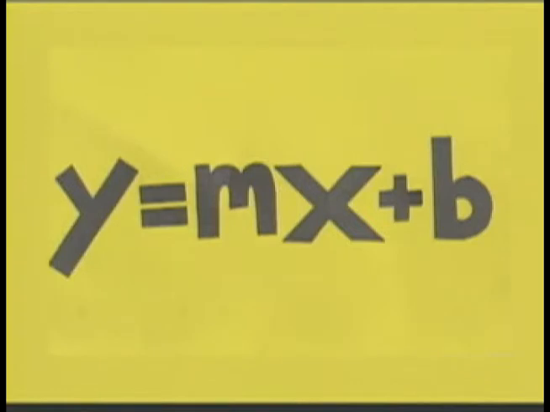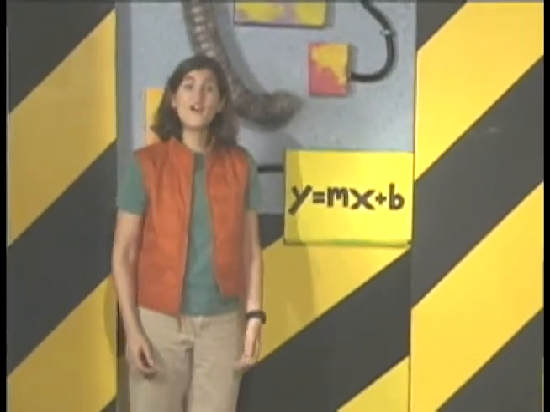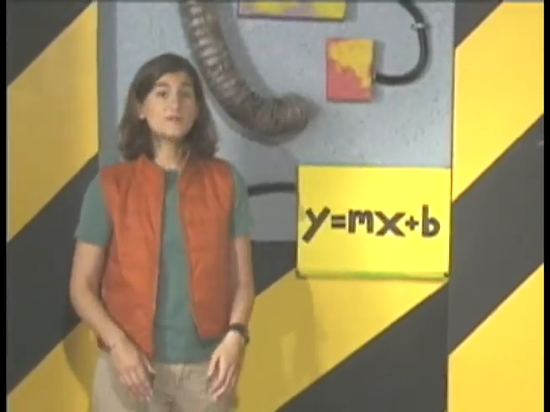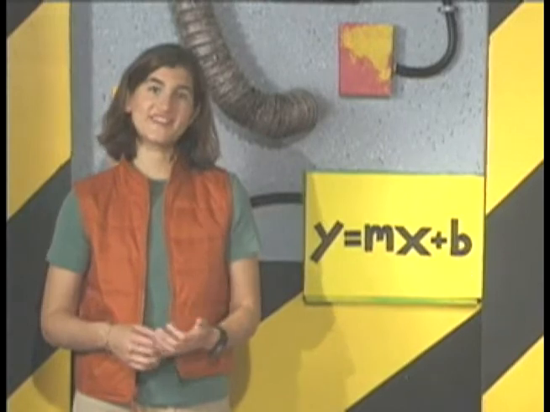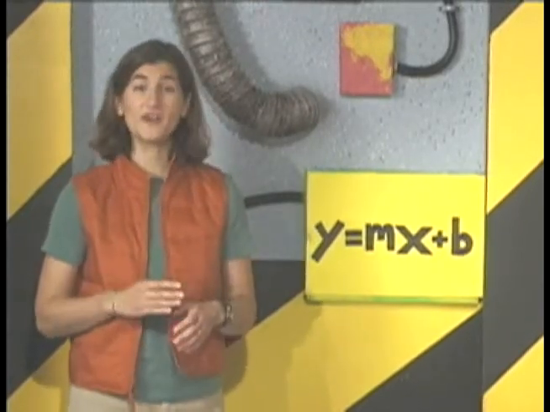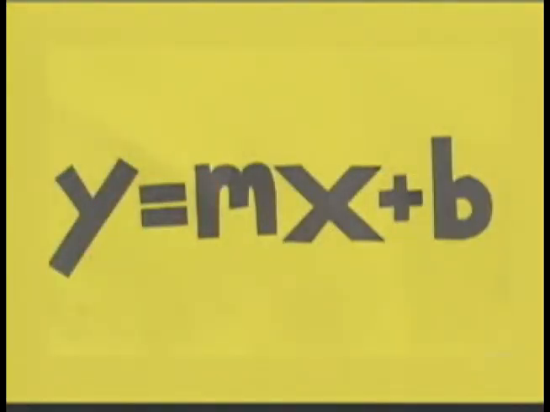The m and the b in this equation, however, are different types of variables. m and b are fixed variables, which means that they stand for numbers that stay constant within any one equation. m is always the coefficient of x, or the number that x is multiplied by.